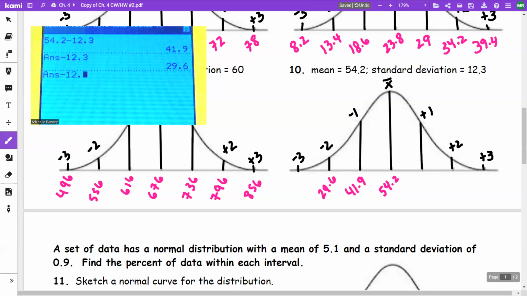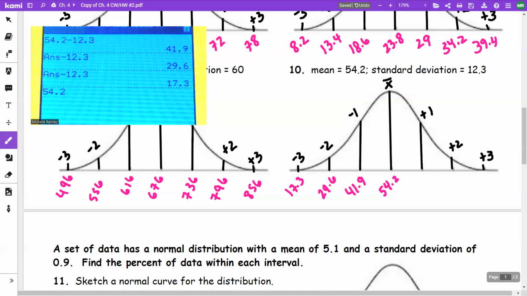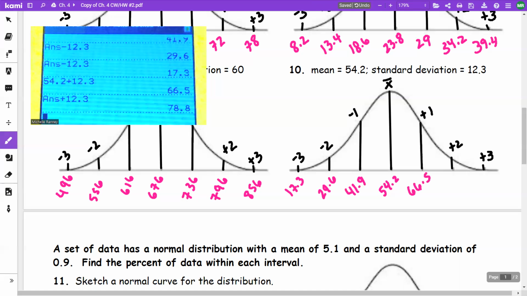Minus 12.3, we get a 17.3. So if I take a 54.2 and I add 12.3, I get a 66.5. Add 12.3, we get a 78.8. Add 12.3, we get a 91.1.